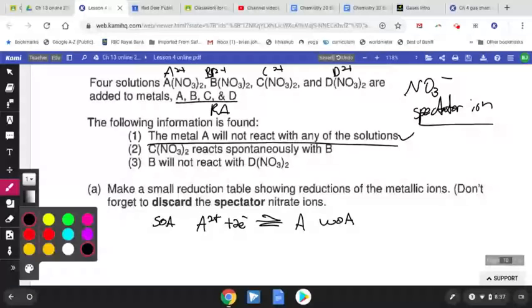C2 plus reacts with B. All right. So I'm not sure where this goes yet. I just know C2 plus is above B. B will not react with D2 plus. B does not react with, okay, so that means D2 plus has to be down here below the B, right?